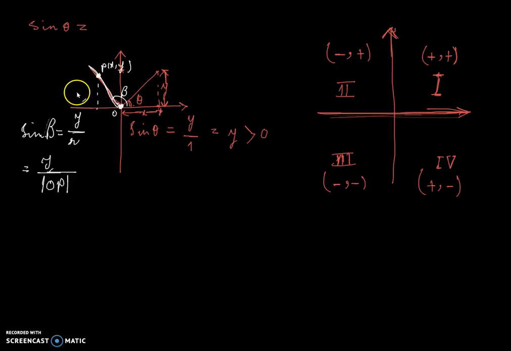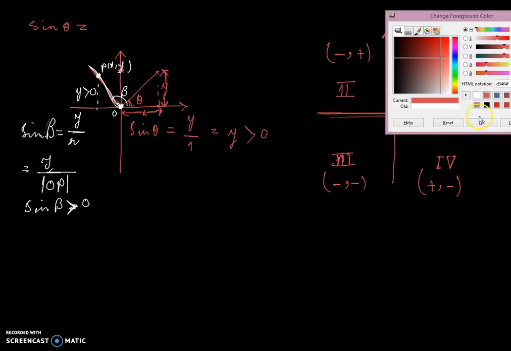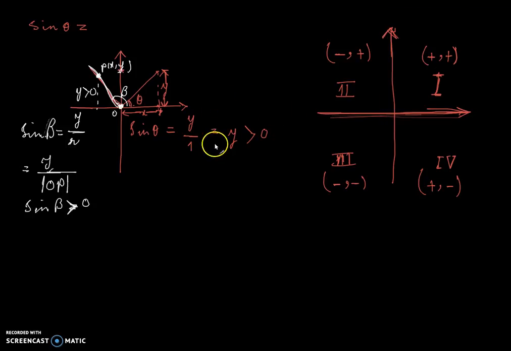So you can see that sine beta is greater than 0.